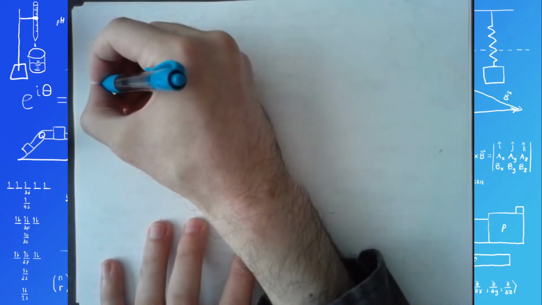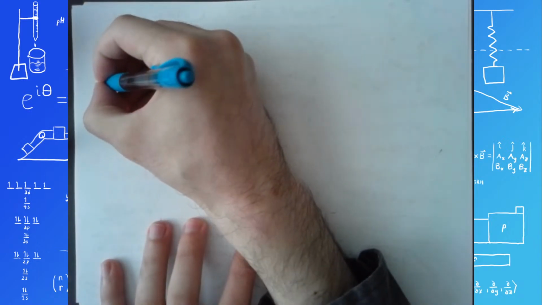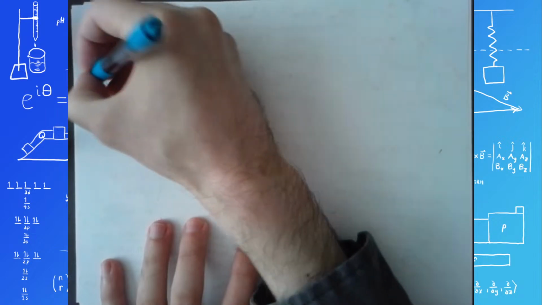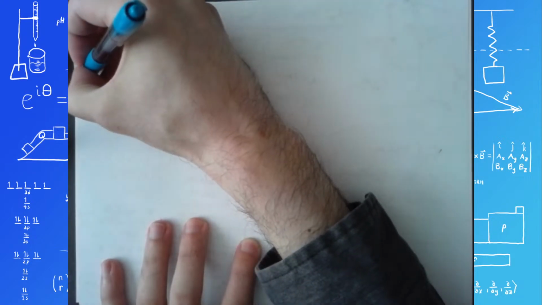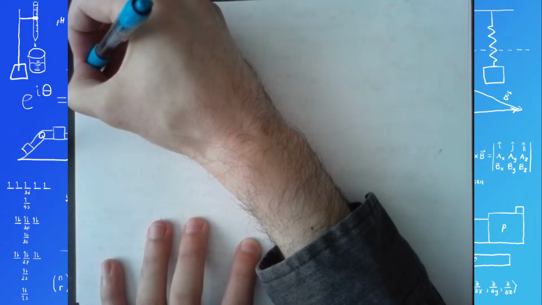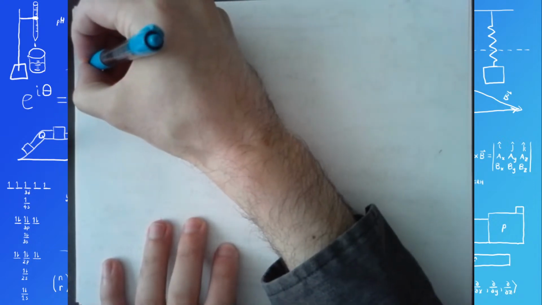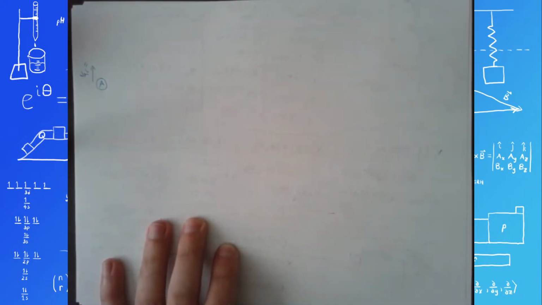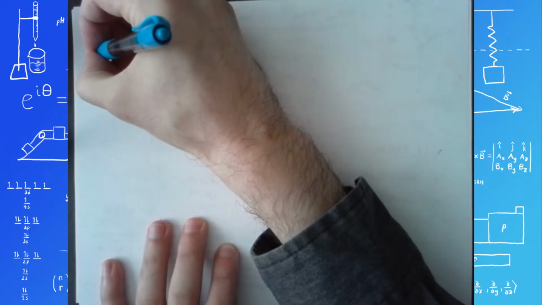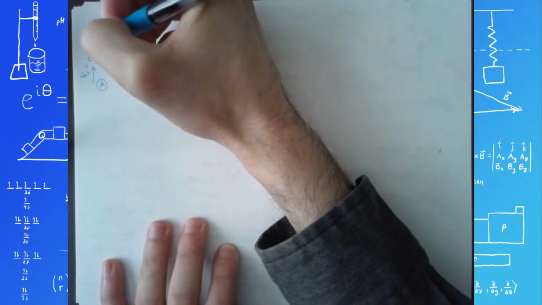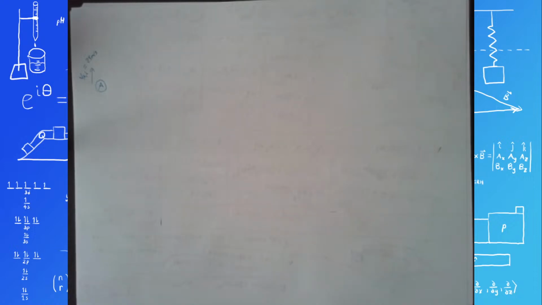So one ball, I'm going to call it ball A, is thrown upward. I'm going to call this VA initial equal to 25 meters per second. I probably should have written it somewhere lower, but it's okay.